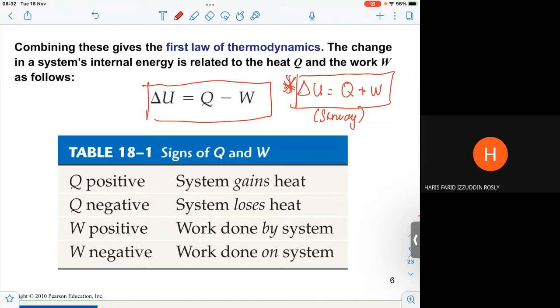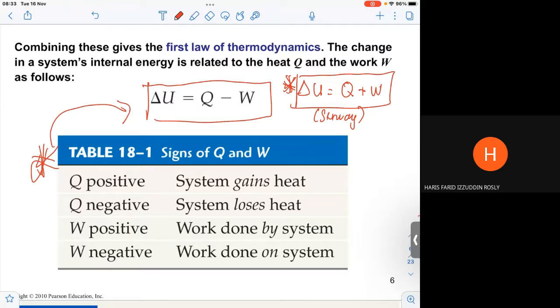If anyone has the Serway textbook, you can refer that the change in internal energy is equivalent to Q plus W, that means the quantity of heat and the work done. If you look carefully, table 18.1 is the table that gives the sign to this kind of equation.